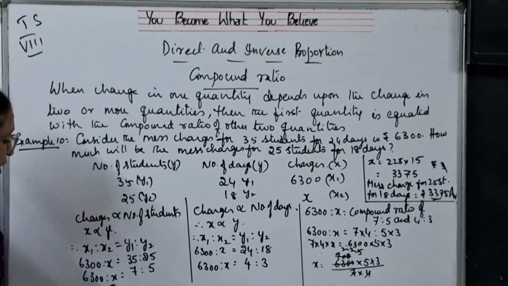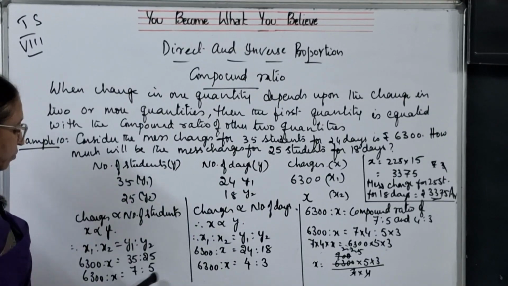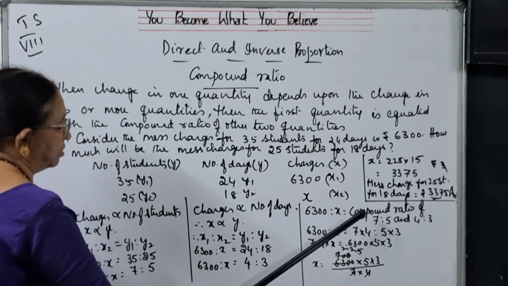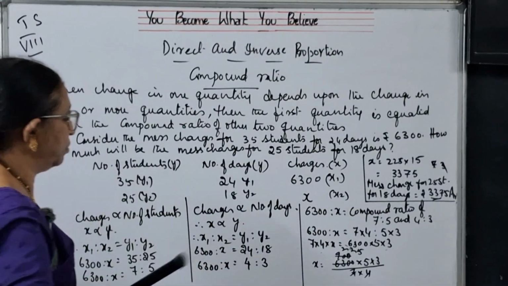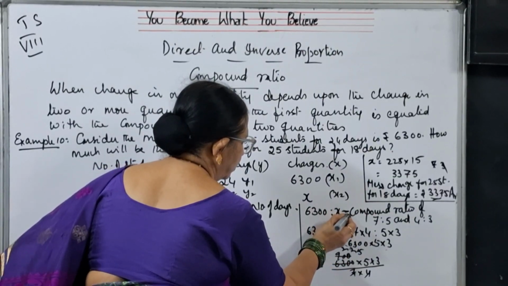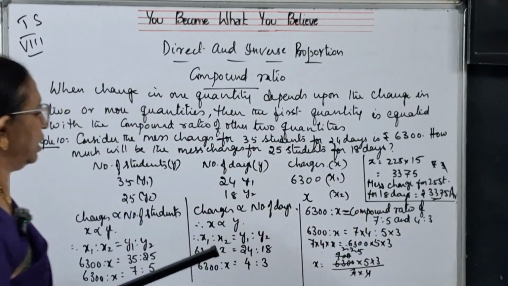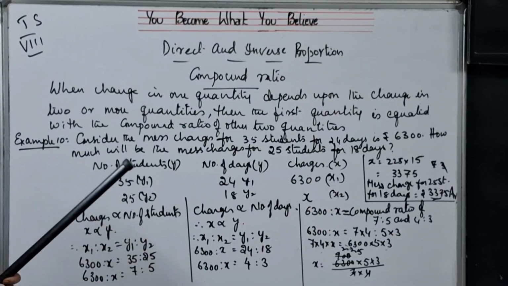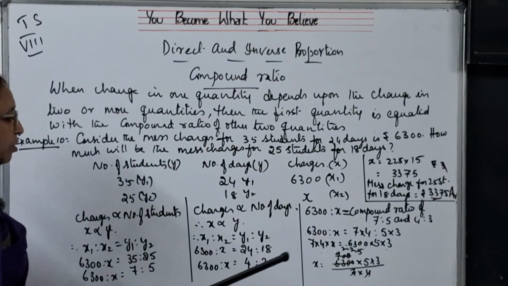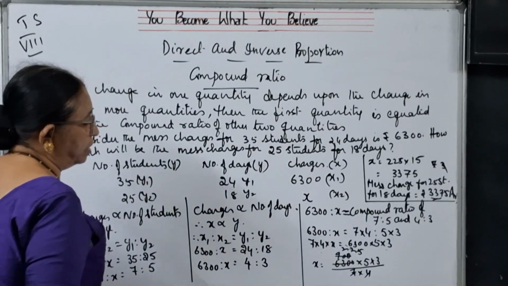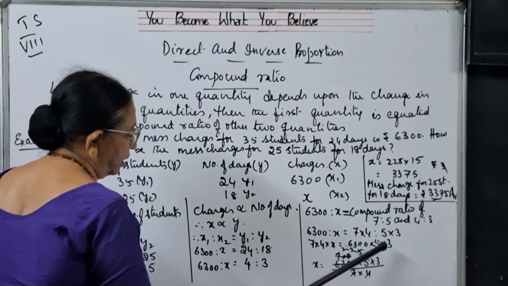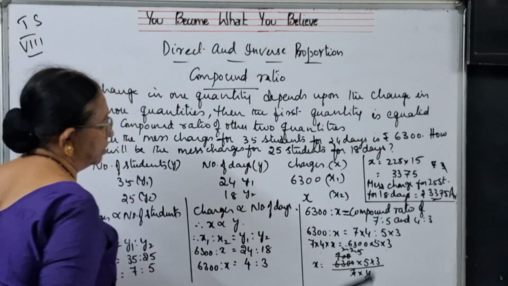Now what should I do? I should equate this with the compound ratio of this. So 6300 is to x is equal to, children, don't consider it as a ratio again, 6300 is to x is equal to the compound ratio of 7 is to 5 and 4 is to 3. Compound ratio means, as you have already done in the previous exercises, antecedent into antecedent is to consequent into consequent.